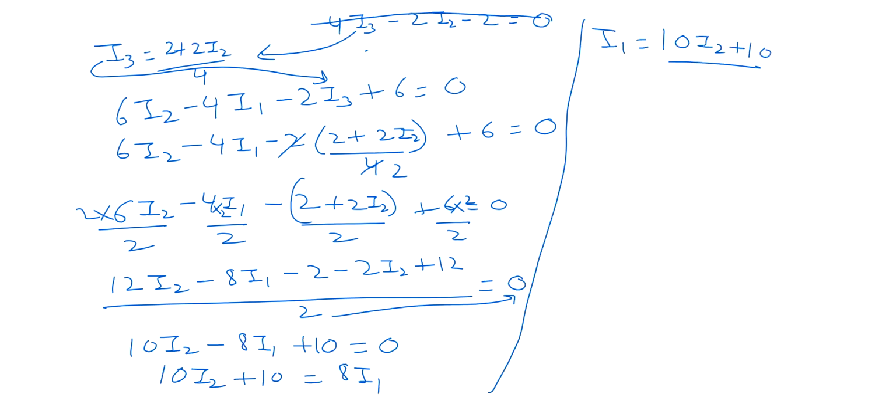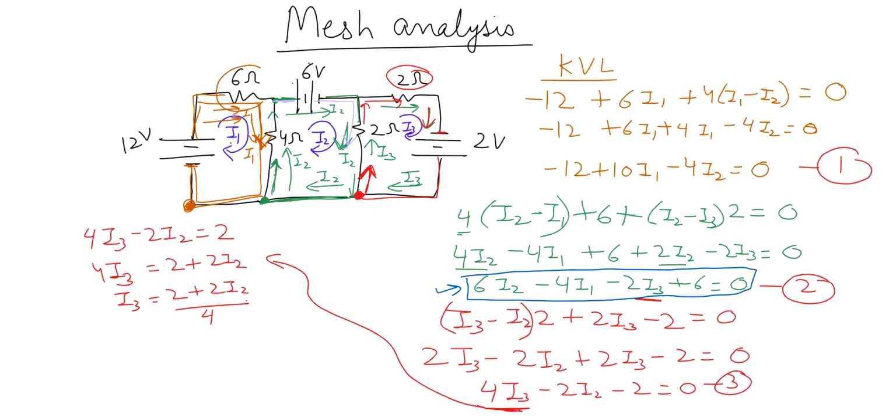Now I will go back to my previous page. I found the value of I1 in terms of I2, so I can substitute it in my equation number 1. I will rewrite equation number 1 on the next page and substitute the value in here.